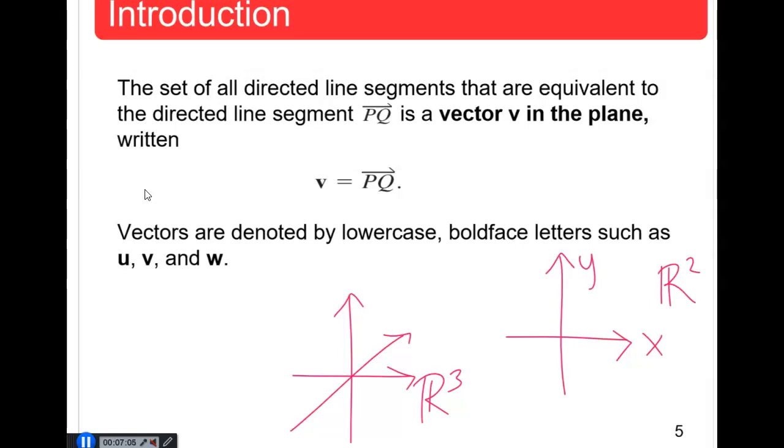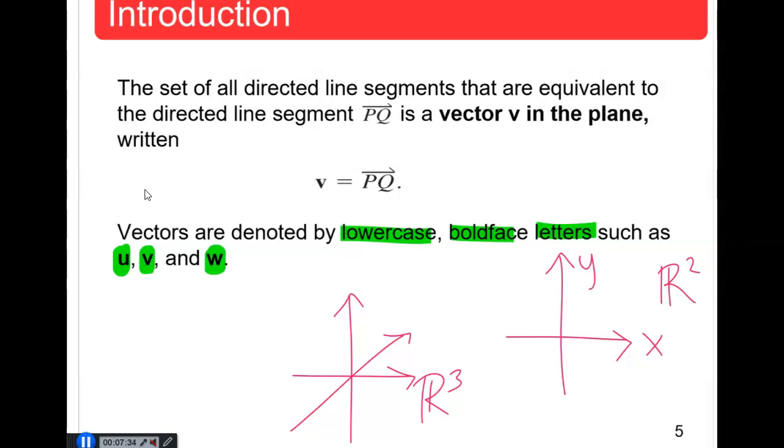So that will be something that you will do in Calc 3, and if you take linear algebra, you'll use those there as well. So going back to this course, we will use lowercase bold-faced letters. So that's what you could see on WebAssign and your textbook. So bold letters and lowercase to denote vectors.